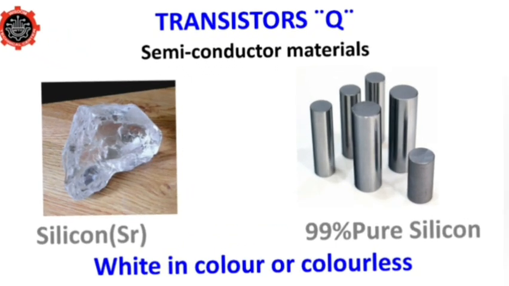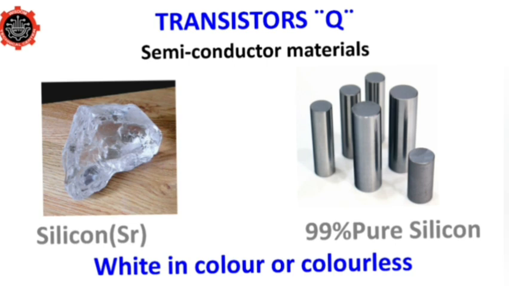Then silicon. This material was discovered in 1823, before germanium. Silicon is found in the Earth's crust, that is, the outermost shell of a terrestrial planet, as silicon dioxide.